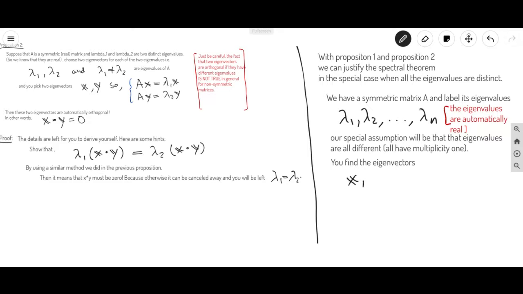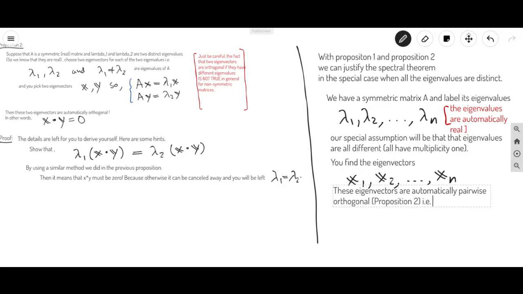You find your eigenvectors, x1, x2, through xn. And these eigenvectors are automatically pairwise orthogonal. So this is proposition 2.